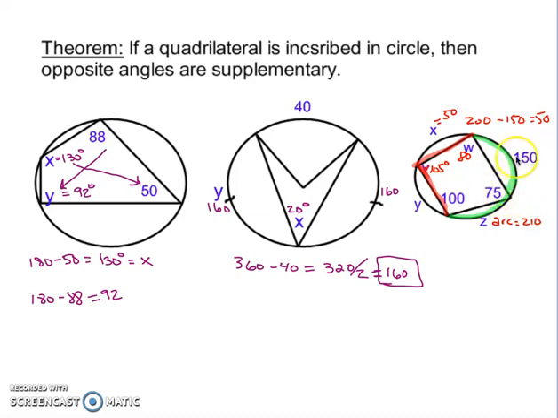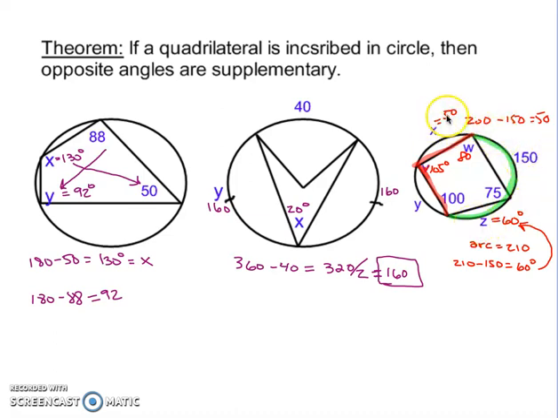This arc right here has to be 210, and if this is already 150 of that, I can go 210 minus 150, and that gives me 60. So my Z value here has to equal 60. So Z equals 60.